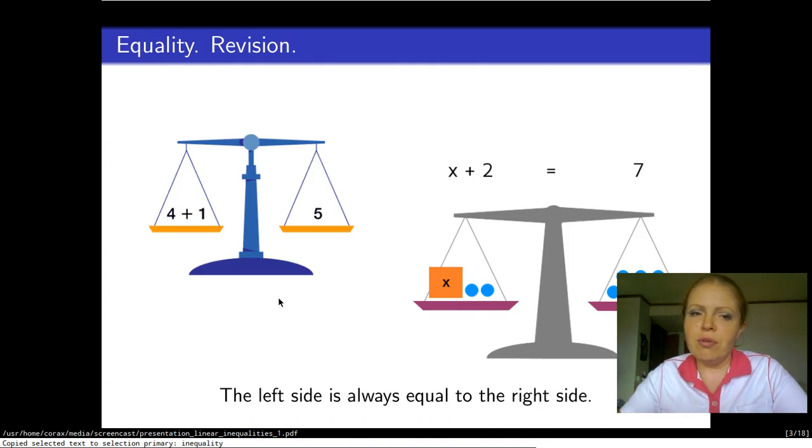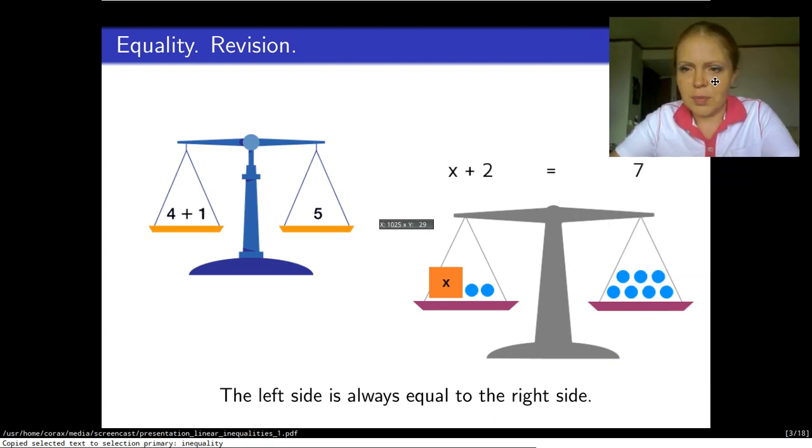So, before talking about inequalities, let's remember what equality is. On this slide, you are given a couple of examples showing that something on the left is equal to something on the right. 4 plus 1 equals exactly 5.